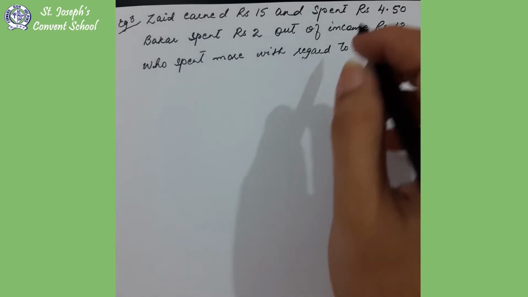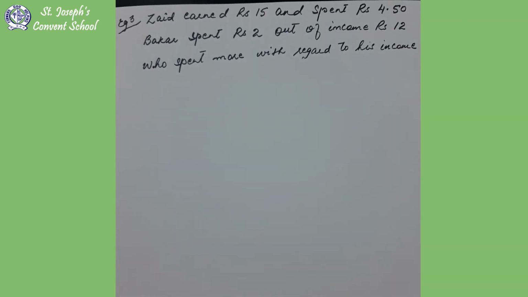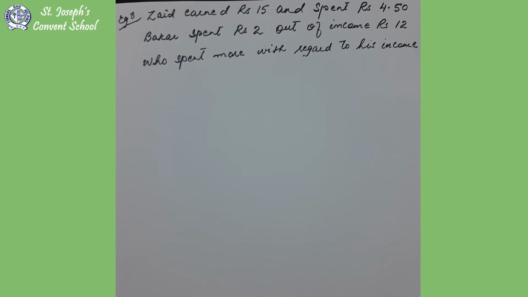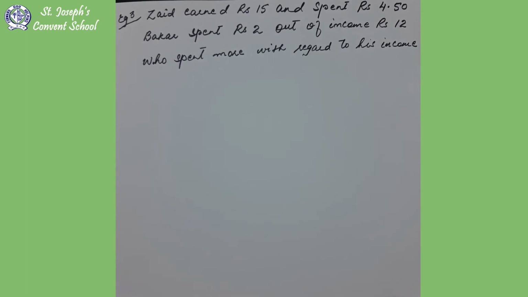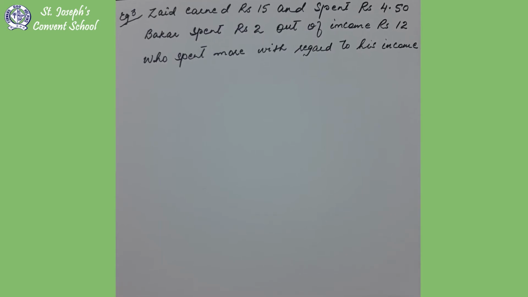Okay, so what we are going to do, we will compare these amounts of money. So one by one we'll solve that. First, Z spent rupees 4.5 out of 15. Okay, let's start with that.